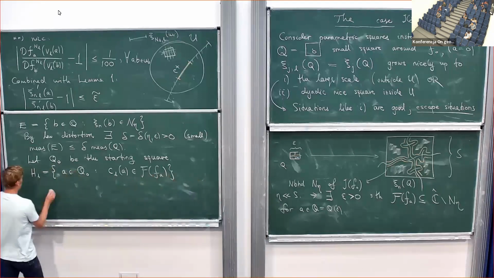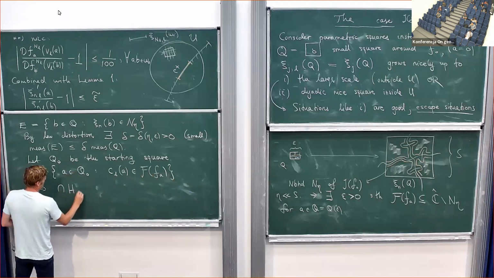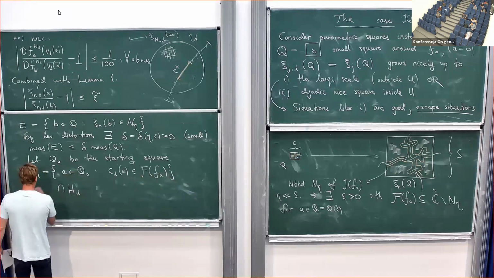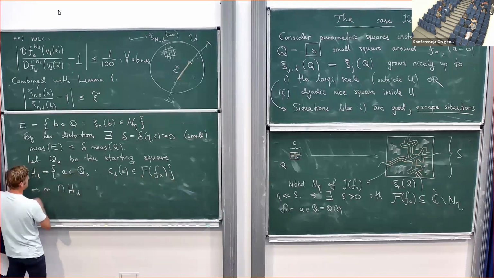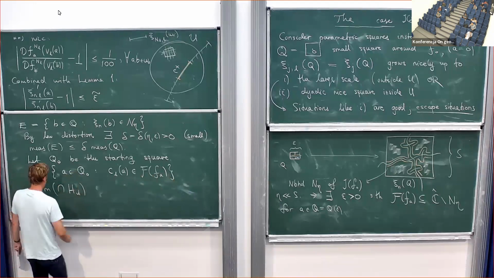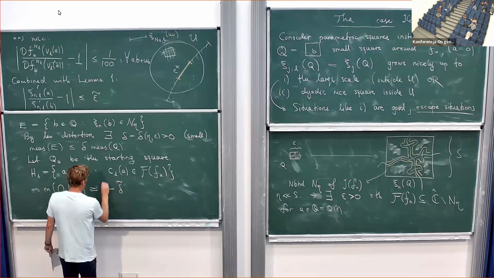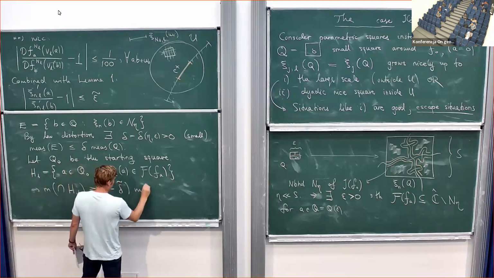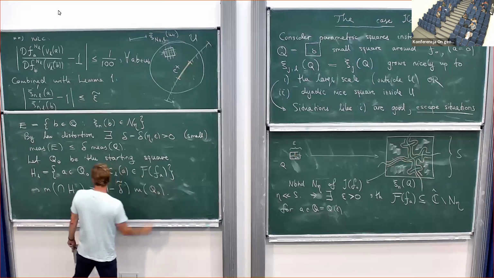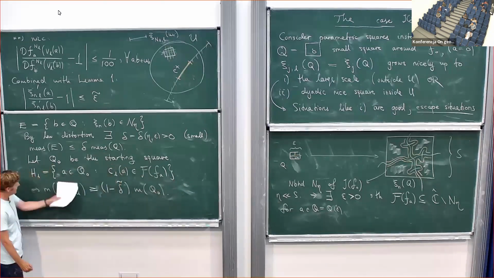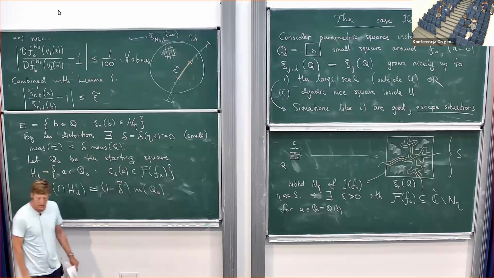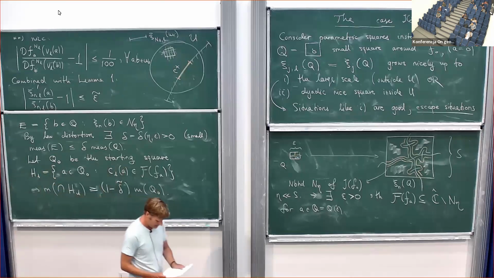So the measure of that set is quite big. It is like 1 minus some delta tilde times the measure of Q0. And if you are in the intersection of HL, of course, then the map is at the bottom. So this is the idea.